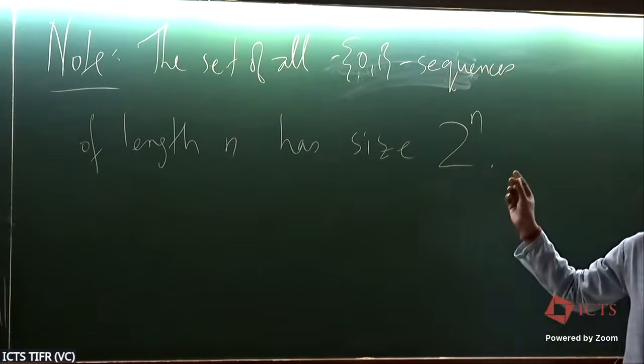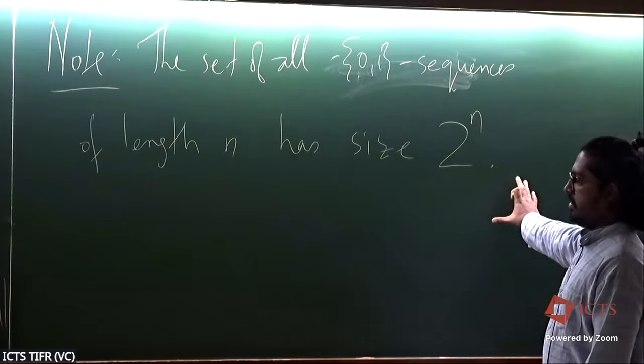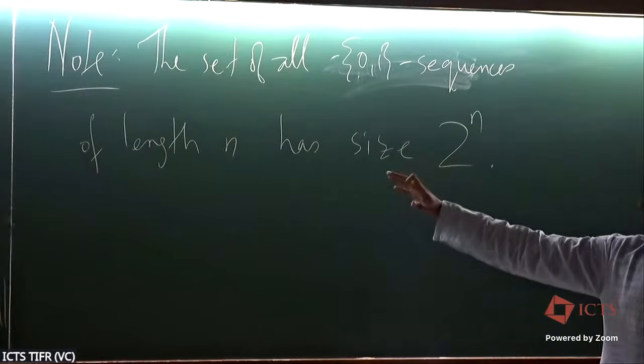Is this correct? When I say 0, 1 sequence of length n, each entry is either a 0 or a 1. Do you agree that this is also 2 to the power n? So it's the same number.